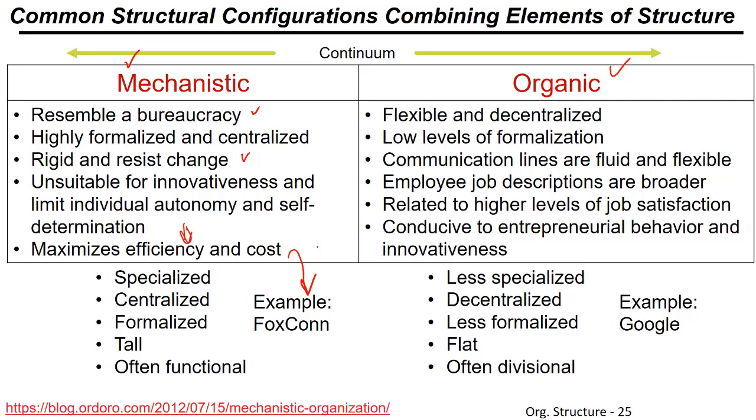And a lot of the iPhones that you may be using were produced by Foxconn, which in terms of the five key elements, tends to be, not always, specialized, centralized, formalized. It has a tall organizational shape, and they're often grouped by functional area.